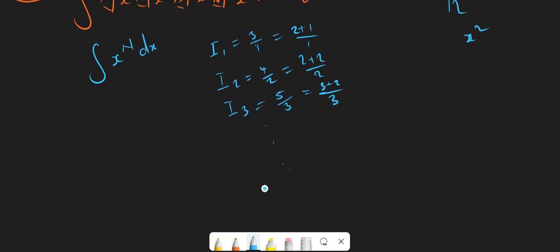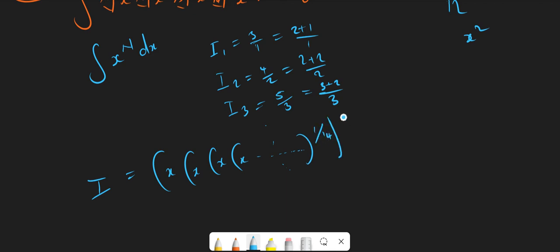So basically, this integral will be equal to x times x times x times x, and so on, with the 1 over I sub 4, 1 over I sub 3, 1 over I sub 2, and then 1 over I sub 1.